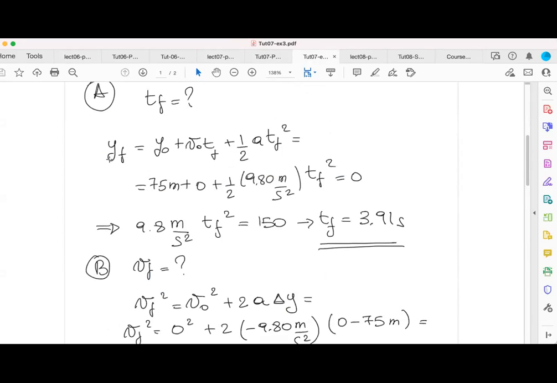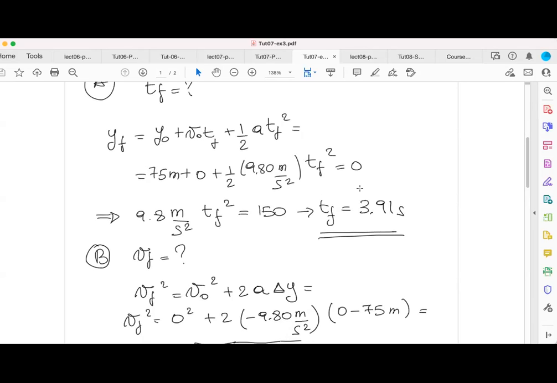So y final is equal to y naught plus v naught t final plus 1/2 a t final squared. In this case, we have 75 meters plus initial velocity, which is 0, plus 1/2 9.8 meters per second squared, t final squared. And all this needs to be equal to 0.